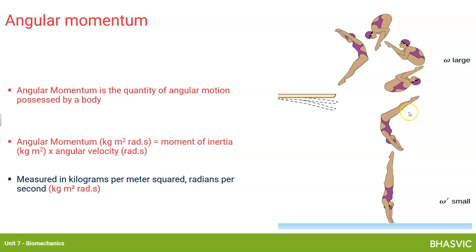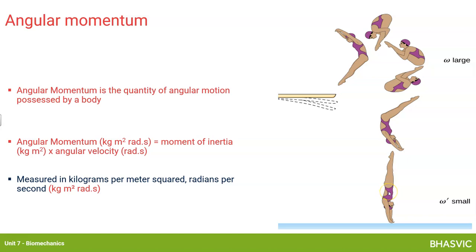But when the diver wants to approach the water and go into the water, they need to slow down their rotation. So they need to reduce angular velocity. And the way they achieve that is that they open out their body. So that point of axis would be about here, and they are distributing their mass more widely. So at this point, moment of inertia is much greater and angular velocity is greatly reduced, and at this point stopped.